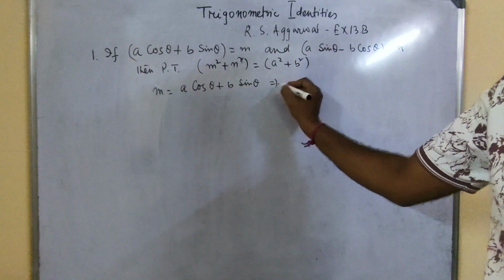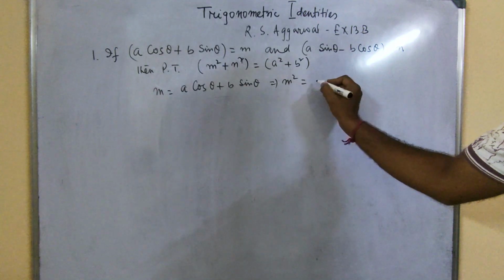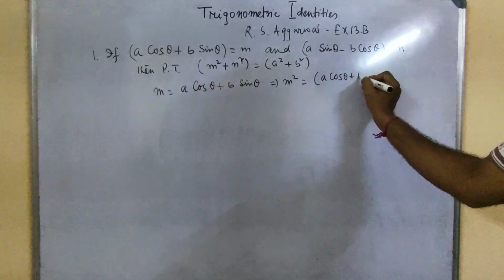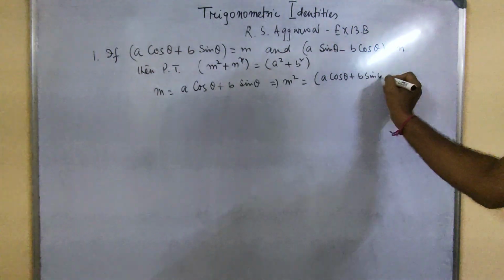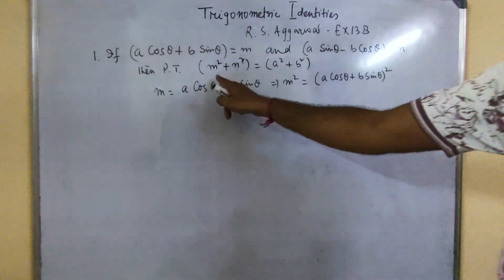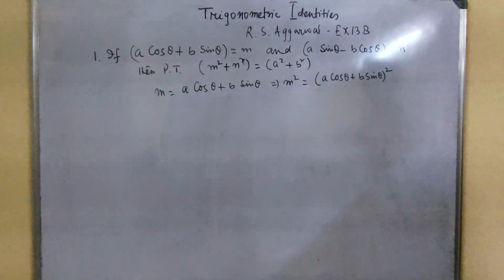Therefore, squaring both sides, m square is equal to (a cos theta plus b sin theta) whole square, because in the left hand side m square is there.